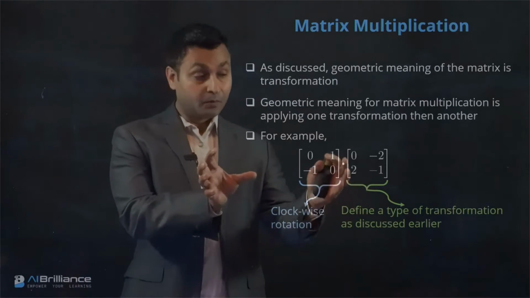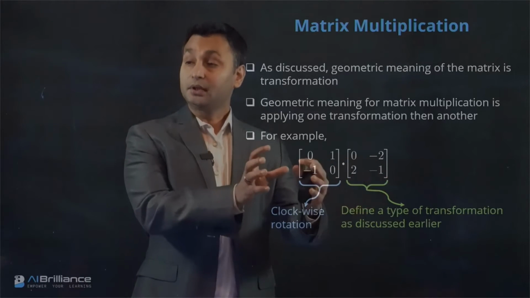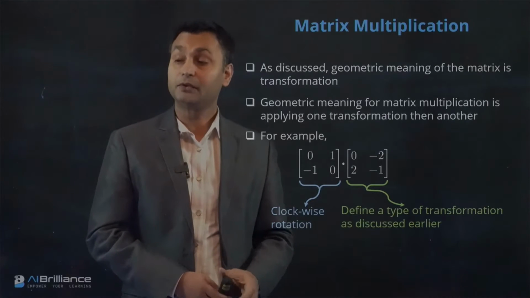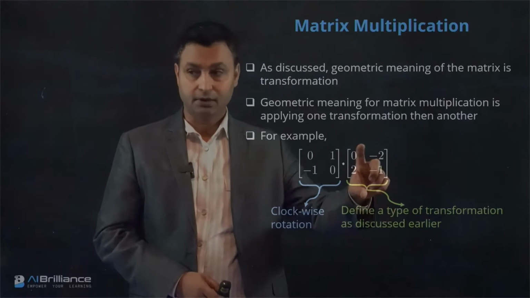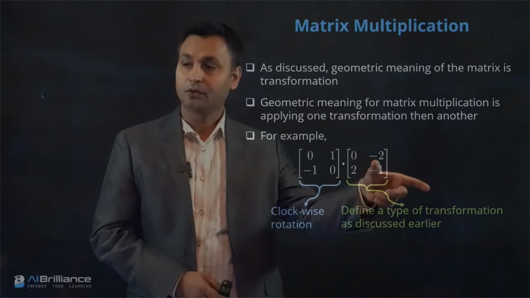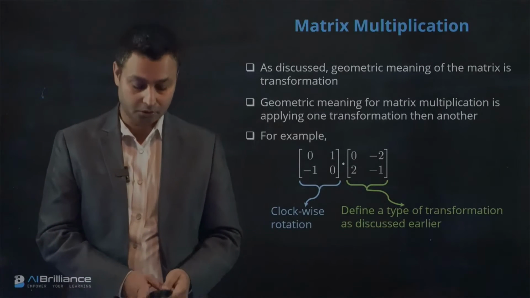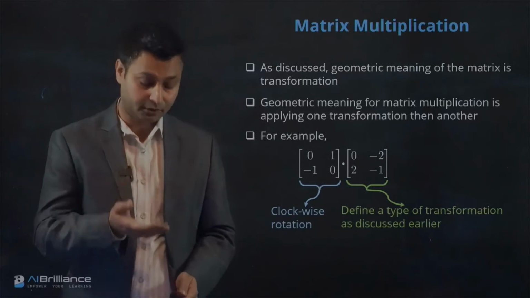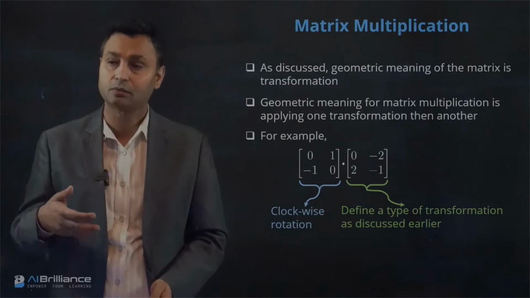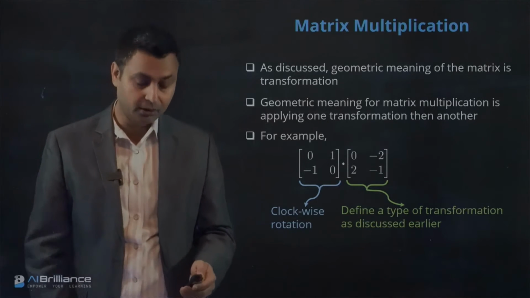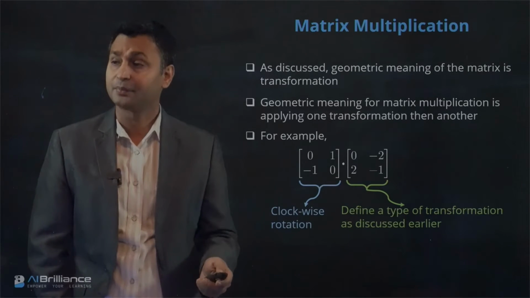So when you multiply them together, the resultant matrix will have the effect of the first transformation and then rotating again, and that is the composition that happens when you're doing this matrix multiplication. Again, I will give you more context of what is actually happening using some geometric examples.